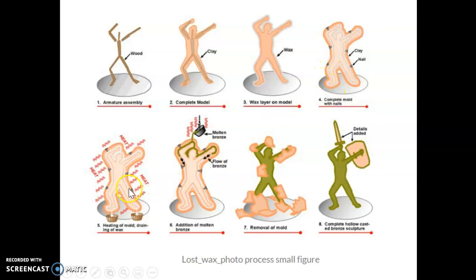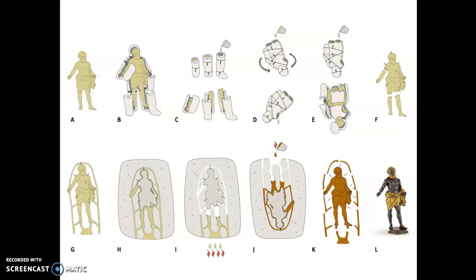Heating the mold to harden it melted the wax, which drained out, leaving space for molten metal to form around the clay figure. Thus, when the outside mold was broken, it created a completed bronze sculpture, with a separate shield and sword added for a little bit of pizzazz. This was pretty much the standard method of casting bronze.